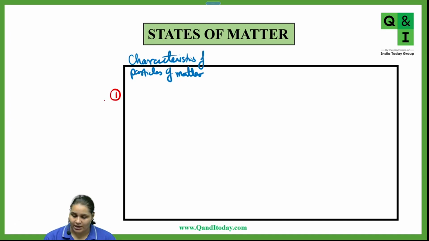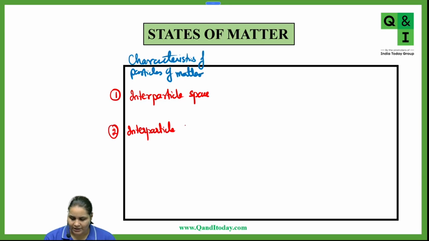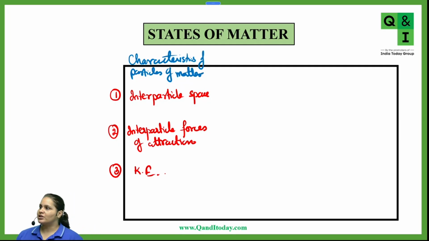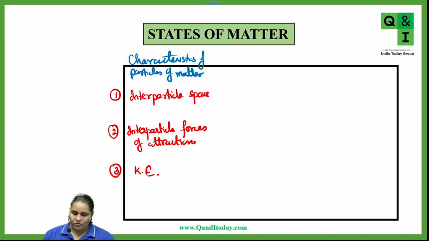The first one, interparticle space. Second one, interparticle forces of attraction. And third, kinetic energy, because they are continuously moving, so they have kinetic energy. So on this basis, we actually decided the states of matter.